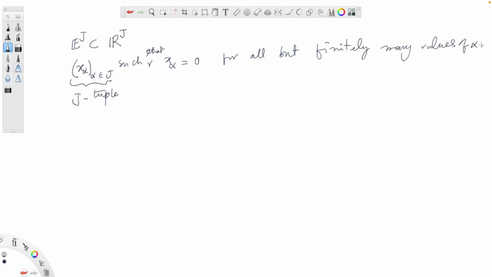And if we take all such elements from R to the J, that is going to be a subset of R to the J, and we denote that subset by boldface E raised to J. Okay.